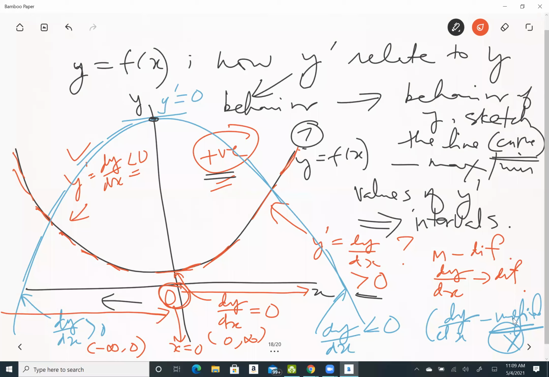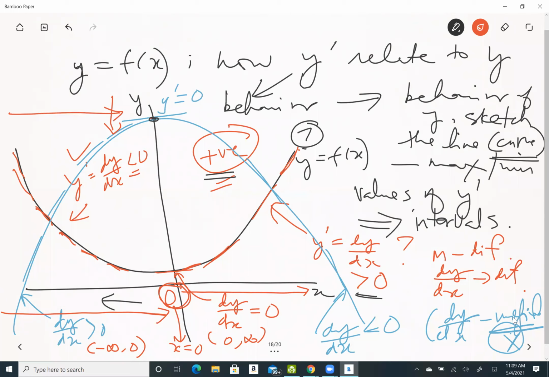So to the left of x equal to 0, what can you say about the derivative or the slope at the point? Here we're talking about this blue line, to the left of 0.